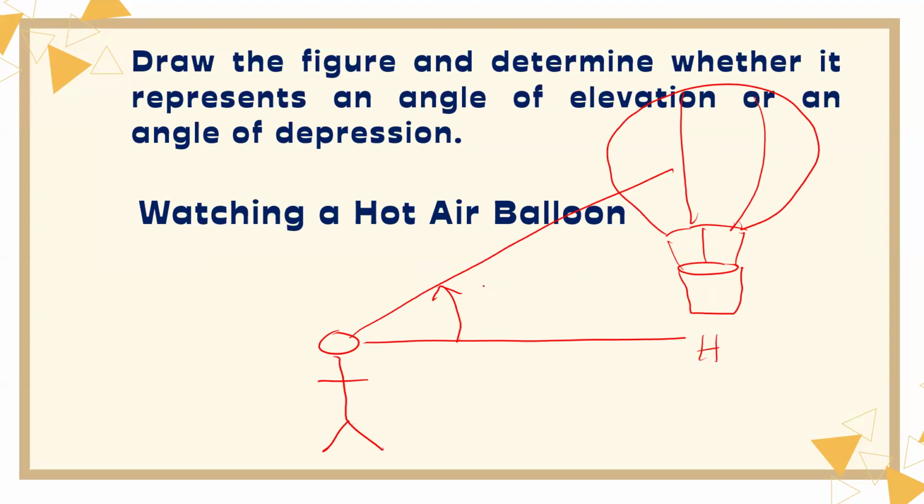Very good. That is your angle of elevation because the hot air balloon is expected to be taller than you, or it may have flown up to the sky, so you expect to form an angle of elevation between the horizontal line and the line of sight.